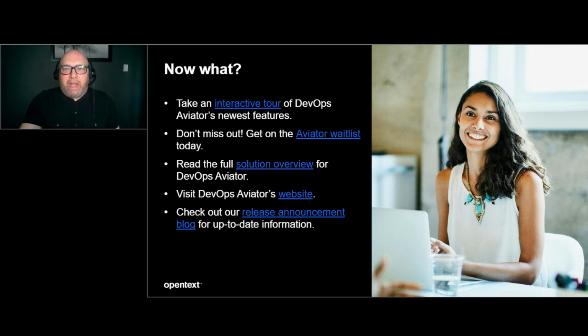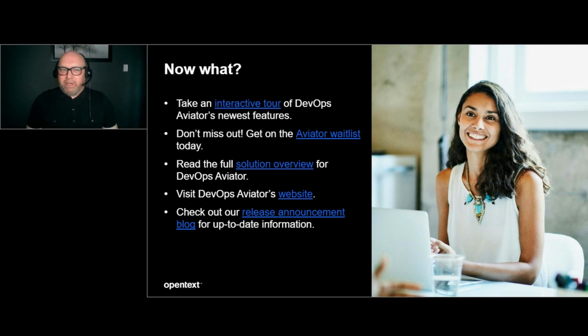From the handout, if you download it, you should get a whole list of artifacts that you can use to get started. You can take the interactive tour of DevOps Aviator's newest features. You can get started on our wait list. Read the full solution overview, which is also part of the download.